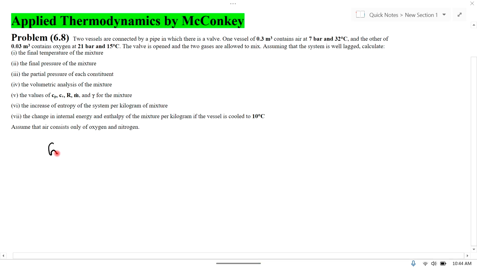In the given data, the volume of one vessel, let them contain air. It means that the volume of the container having air is 0.3 cubic meter, containing air at 7 bar.